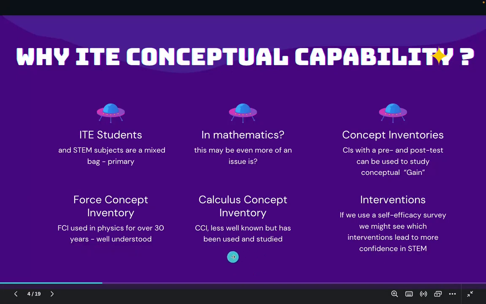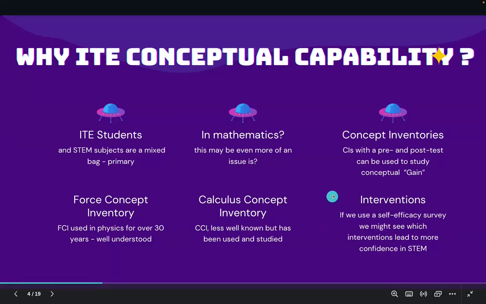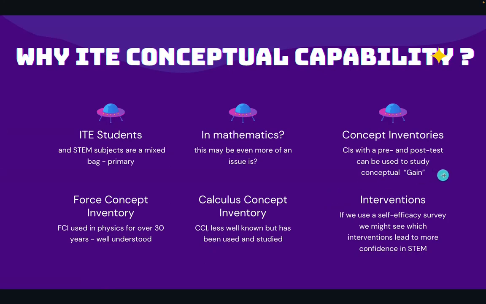A slightly less well-known concept inventory is the calculus concept inventory, which has had some research done on it. How can we tell if, for example, the idea or the concept of gain, whatever that might be, is actually improving? Well, we want some kind of intervention, such as, for example, a self-efficacy survey or some other type of intervention, and then we try to see if that improves the gain.